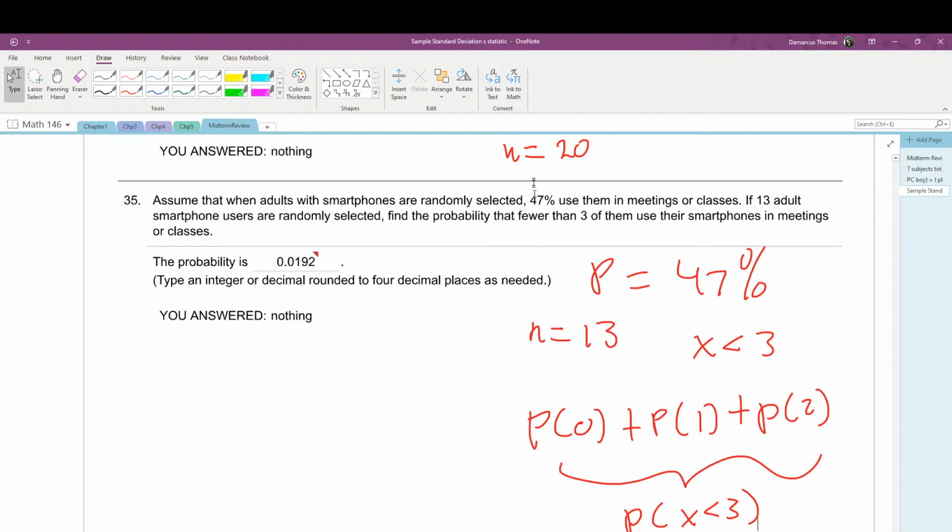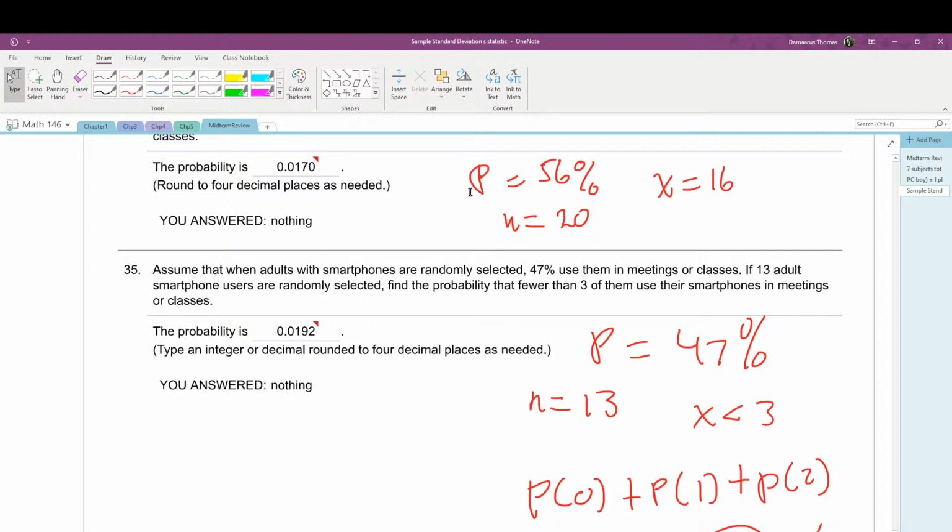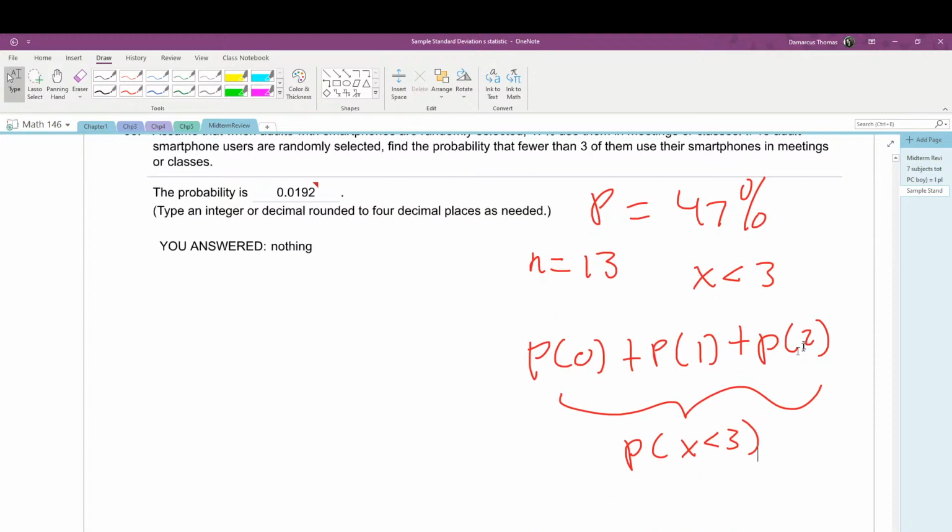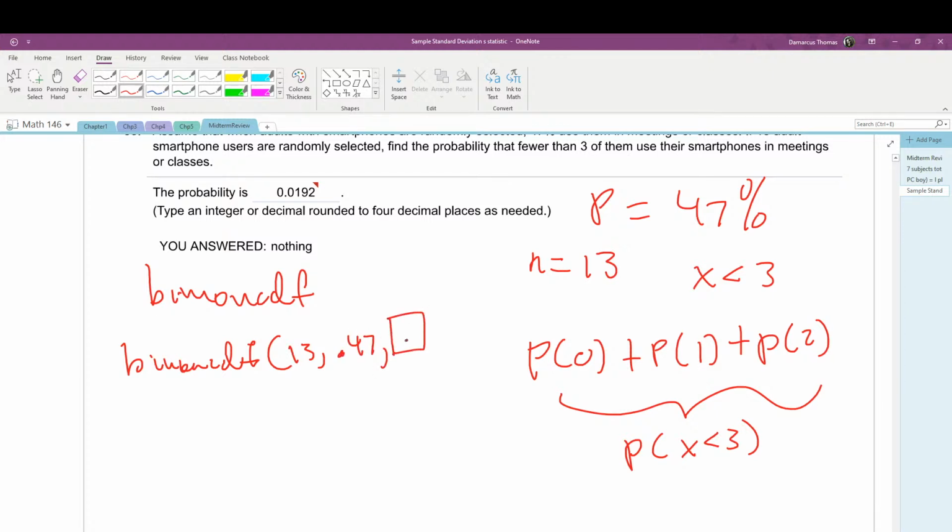So we could do what we did in the previous problem, just do 3 of them and add them all up, or we could get fancy and use not Binomial Pdf, but Binomial CDF, the cumulative density function, because that will accept the number of trials, the probability, but the x value will accept the numbers that are less than amount.